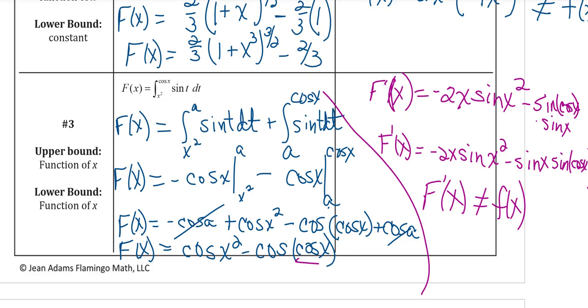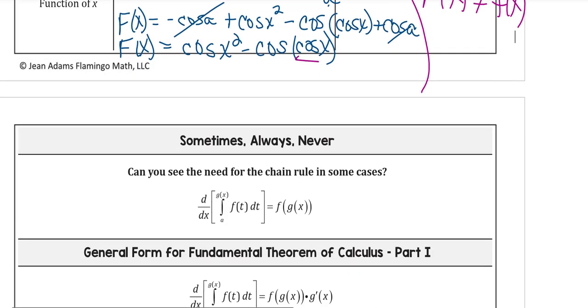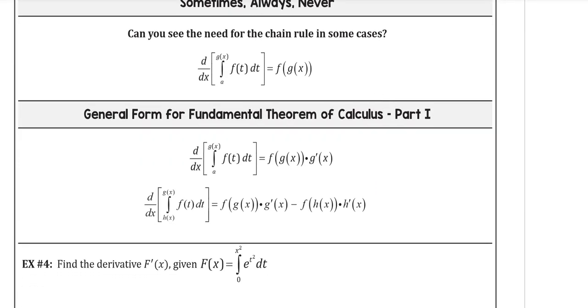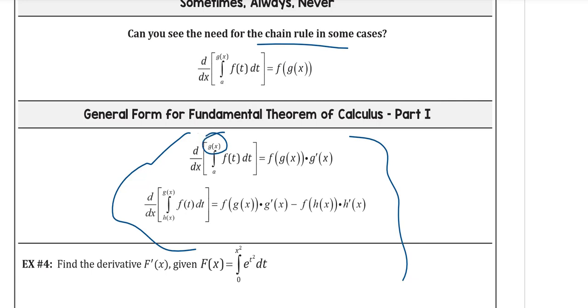All right, so as you can see, in some of these, we may need our old friend, the chain rule. And so our general formula now becomes this right here. So what we have is when we're taking the derivative function, when one of the limits of integration or both the limits of integration are functions of x itself, we're going to have our chain rule here that we need.